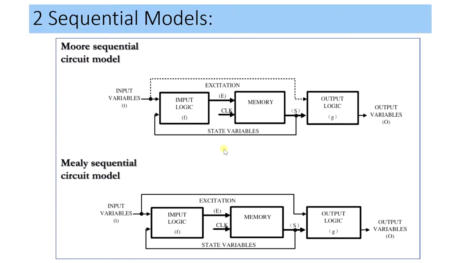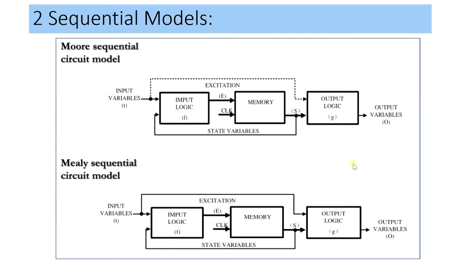So what I can say is that a Mealy sequential circuit differs from a Moore circuit in the variables used to generate the output function. In the Mealy model, the external input variables and the state variables are applied to the output logic to generate the output variables.